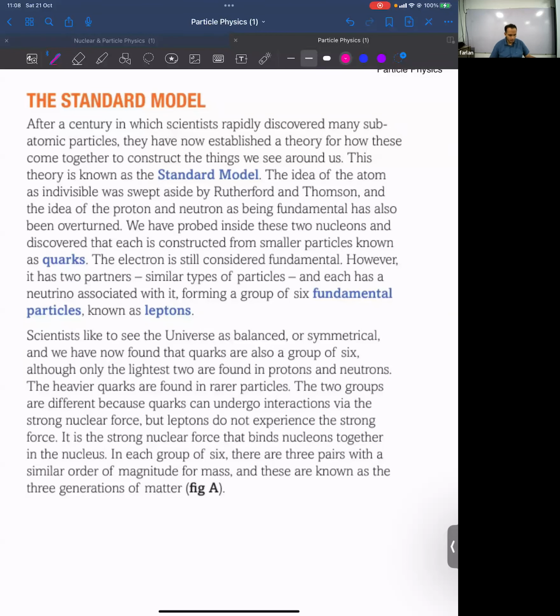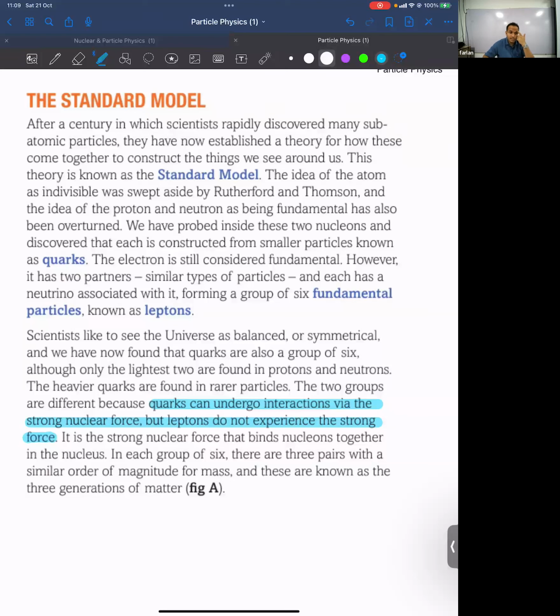The two groups are different because quarks can undergo interaction via the strong nuclear force, but leptons do not experience the strong force. Highlight that part. Quarks can undergo interactions via the strong nuclear force, but leptons do not experience the strong nuclear force.